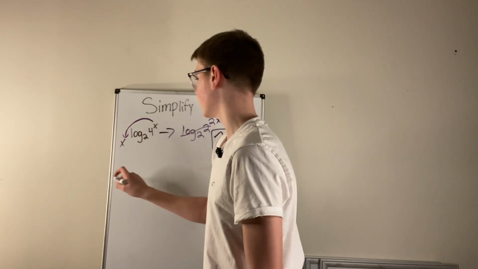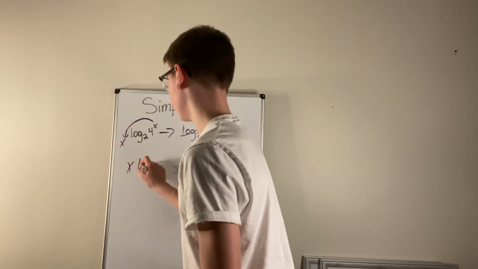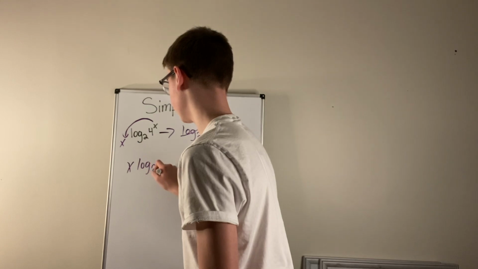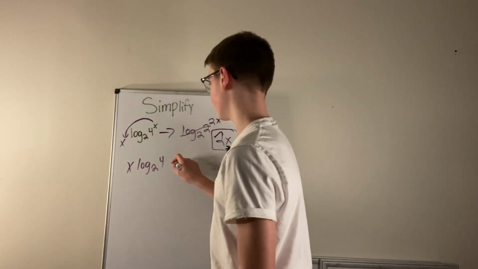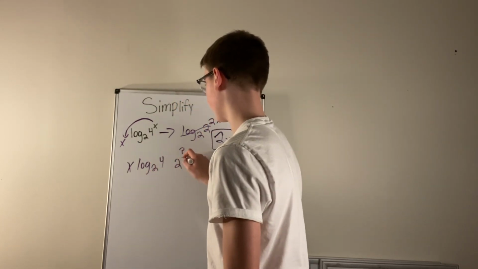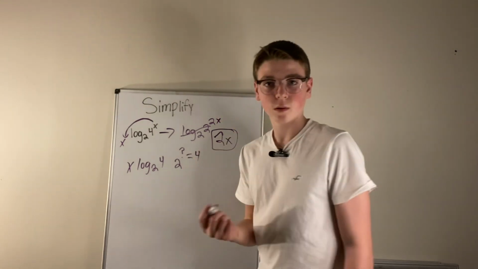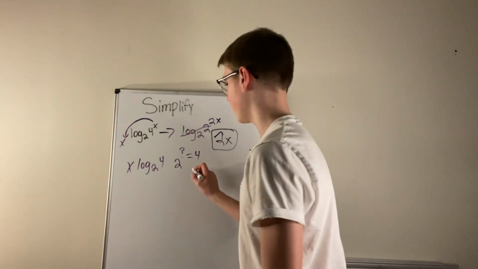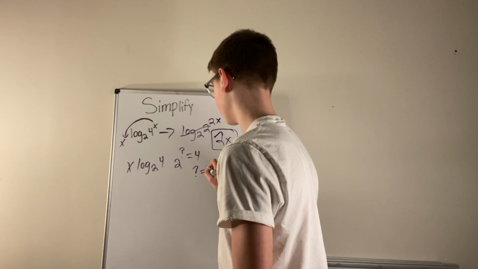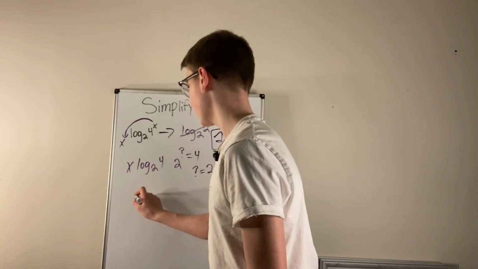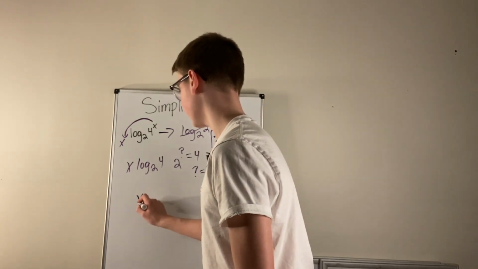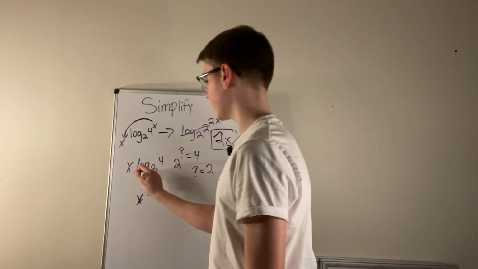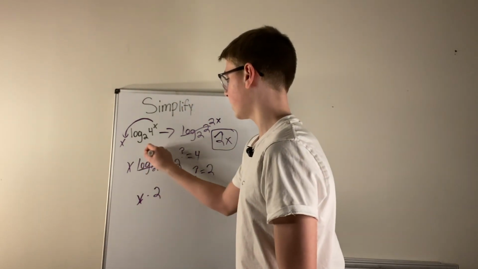That's pretty janky, but the other way we can do it is by using this power property and bringing this x to the front, saying x log 2 of 4. So 2 to what power equals 4? Well, 2 squared equals 4. So the question mark would equal 2. So it would go x times 2, because this simplifies to 2.